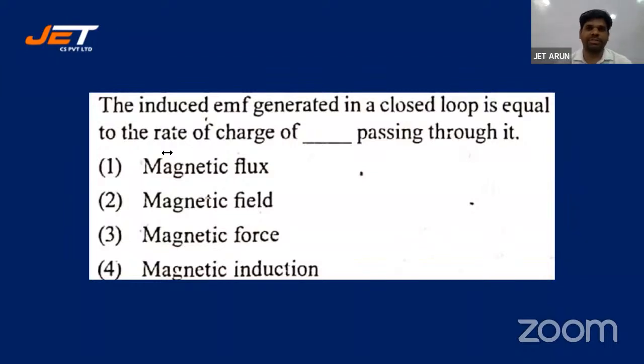The EMF generated in a closed loop is equal to the rate of change of dash passing through it. I'll give you 5 more seconds, students. Excellent, Harshita. That's absolutely right. 5, 4, 3, 2, 1. I'll release the key.